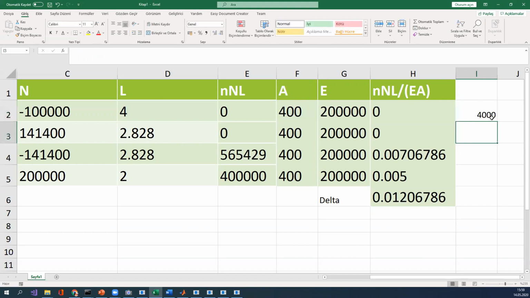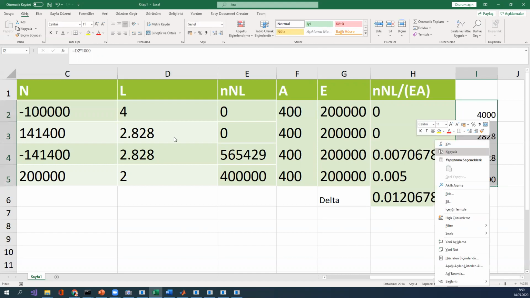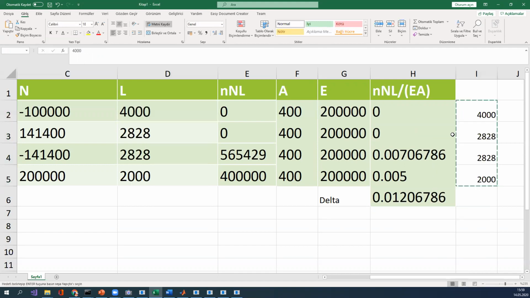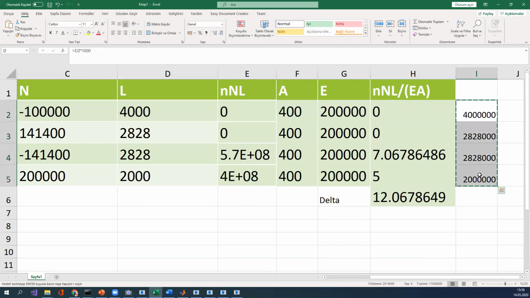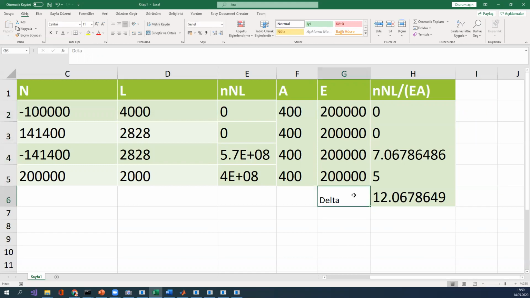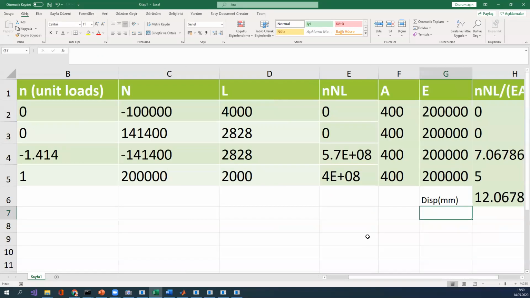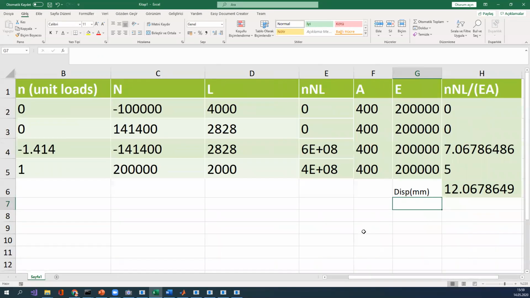Okay. This unit conversion is extremely important in exam questions. You can see, okay, so the displacement is 12 millimeter. Okay, this is the end of the question.